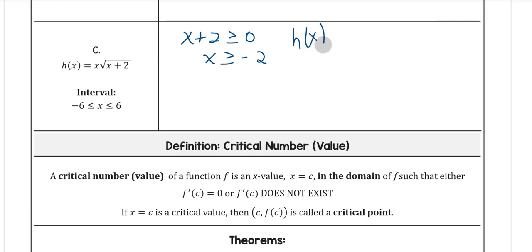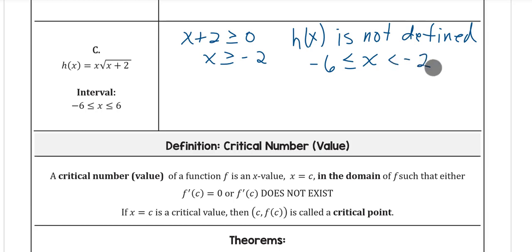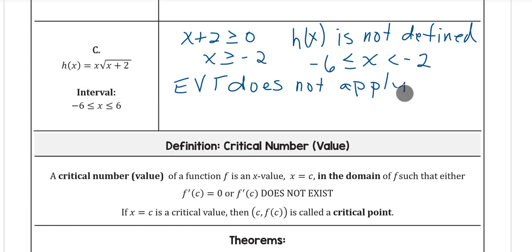So h of x is not defined from -6 up to -2. So the EVT does not apply, because that section of the graph is in our interval, so it doesn't cover the whole interval.